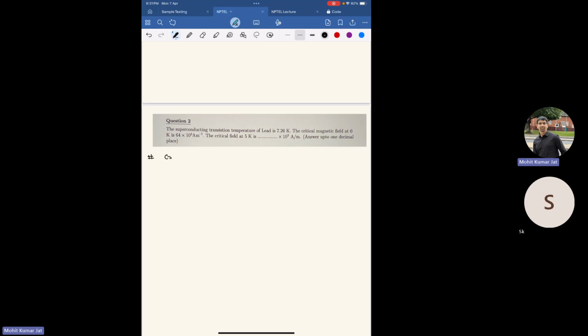Let me write whatever information we have. Critical temperature Tc given is 7.26 Kelvin. Critical magnetic field, denoted by Hc, is 64 into 10 power 3 ampere meter inverse.